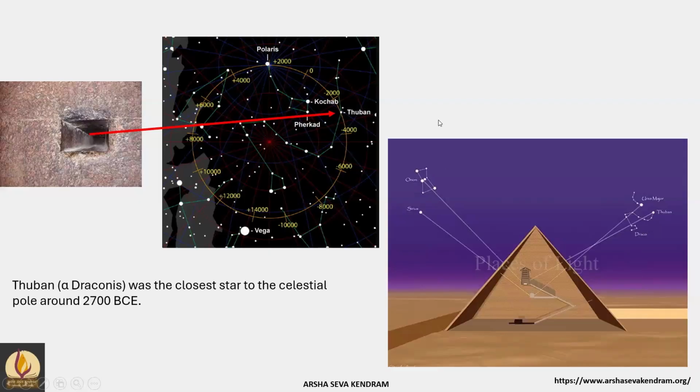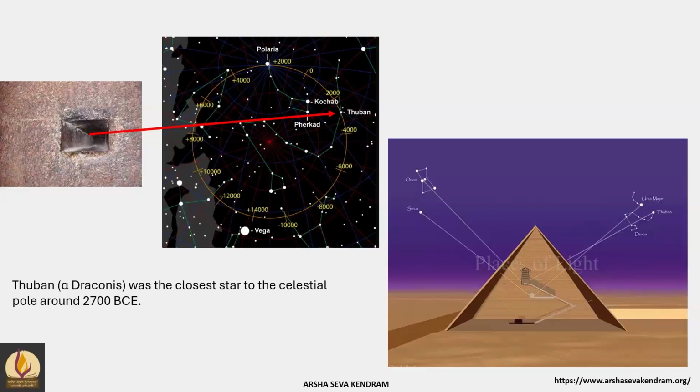Now, Thuban you can actually see in the sky today. It's not a very prominent star. It's actually the alpha star of the constellation called Draco, but it has a reason why it is an alpha. The reason it is alpha was that it was the pole star of those times.